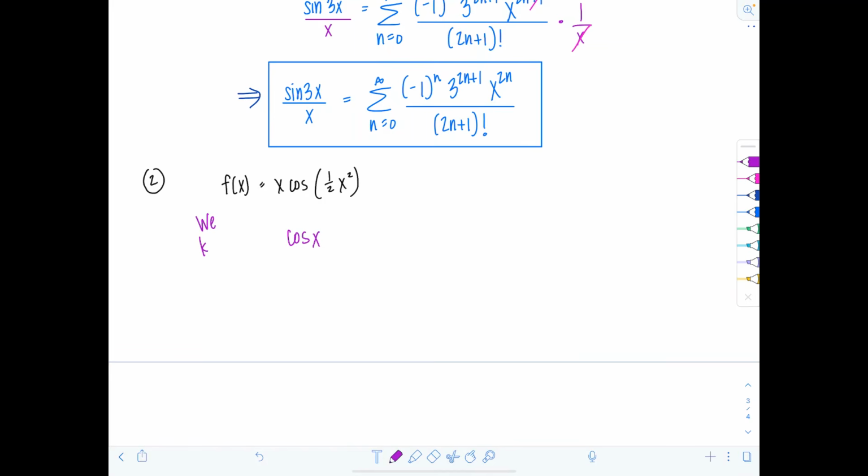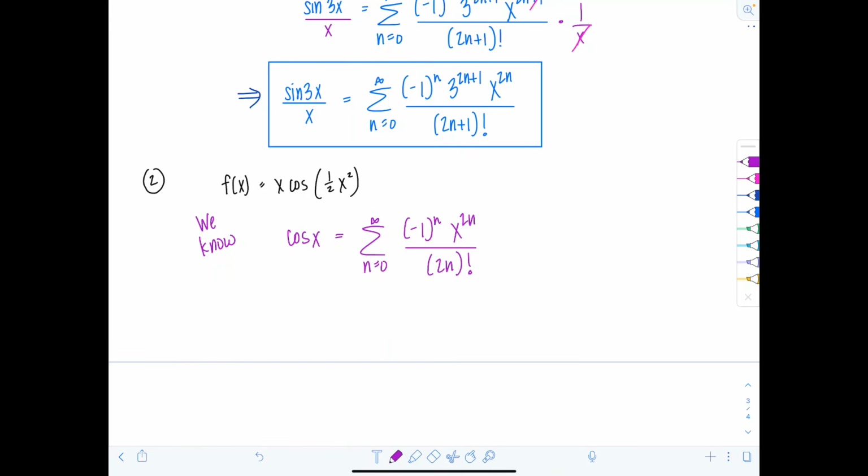So it's going to look just like sine for the Maclaurin series representation. It's just instead of 2n plus 1s, it's going to have 2n. All even exponents and even factorials in the denominator. So it's the sum, n equals 0 to infinity, negative 1 to the n, x to the 2n over 2n factorial.